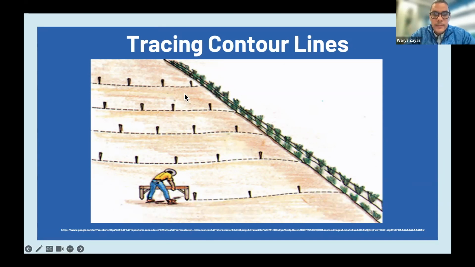Let's say the top point of this area is this one here. The first thing you're going to do is mark that point with a stake, a flag, or anything that you have available. So you mark this first point at the top, and then you mark a point aligned with this one. You can use a rope or any other thing you have available.